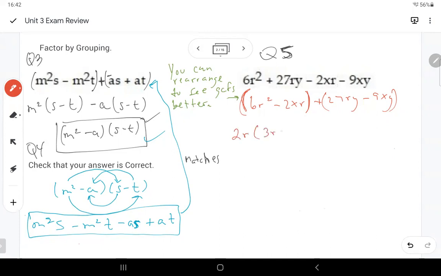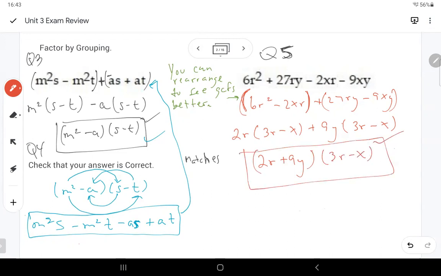I'm going to have 3r minus x left, and then we'll pull out a 9y. So again, that'll leave us with a 3r minus x. So bring our outsides together. And the matching once. If you wanted to check that, you would get right back here. Okay.